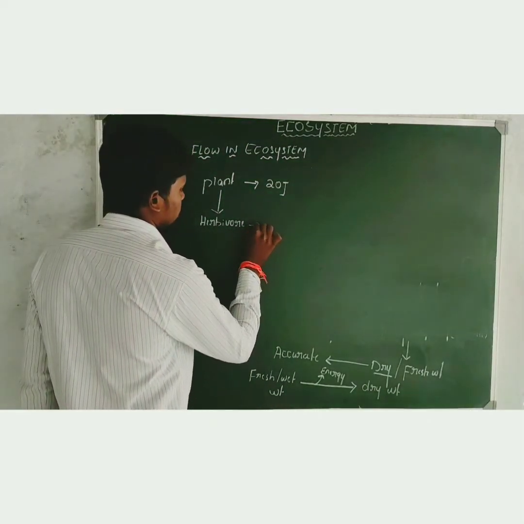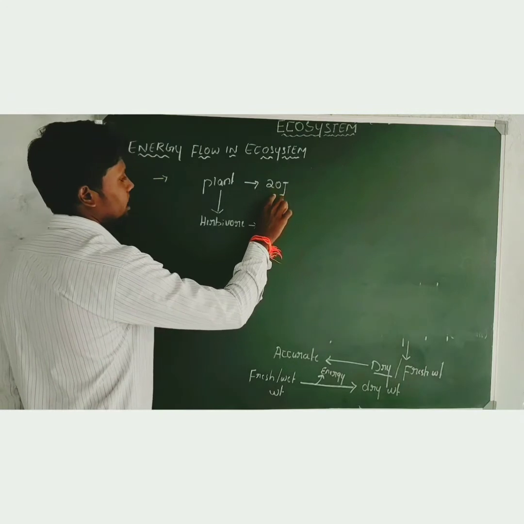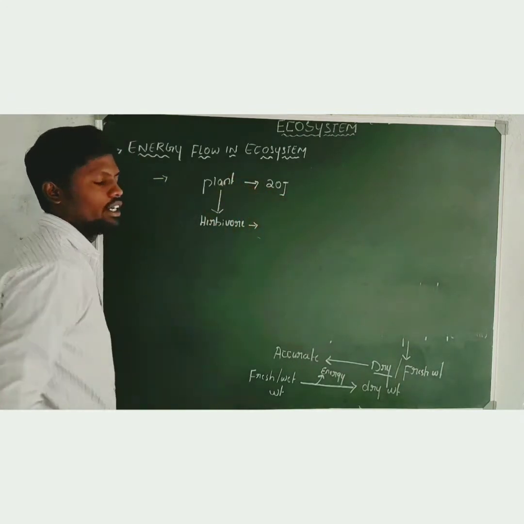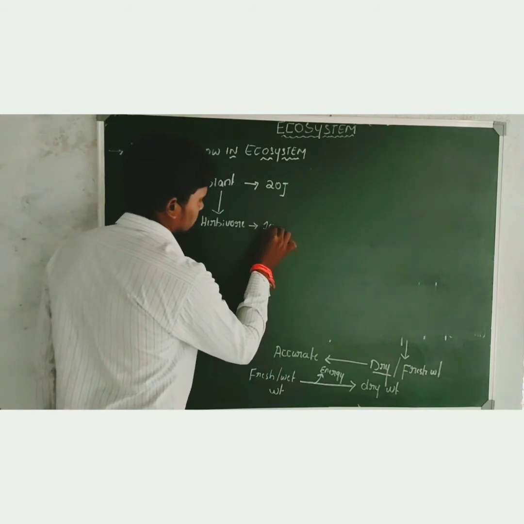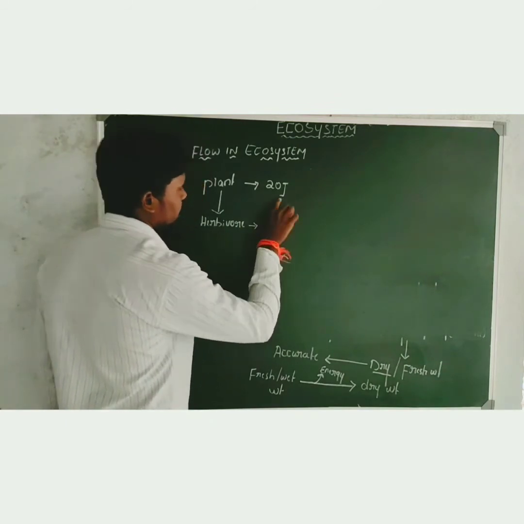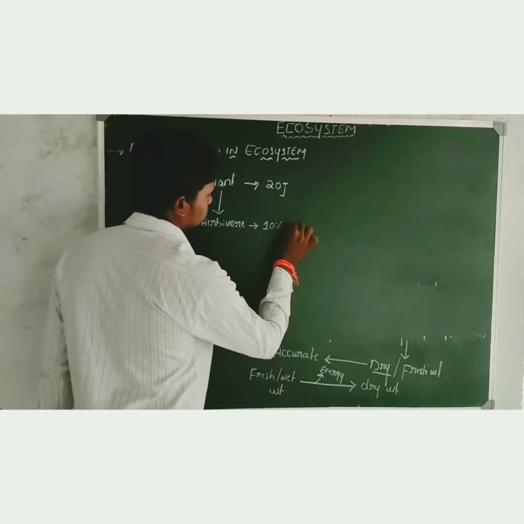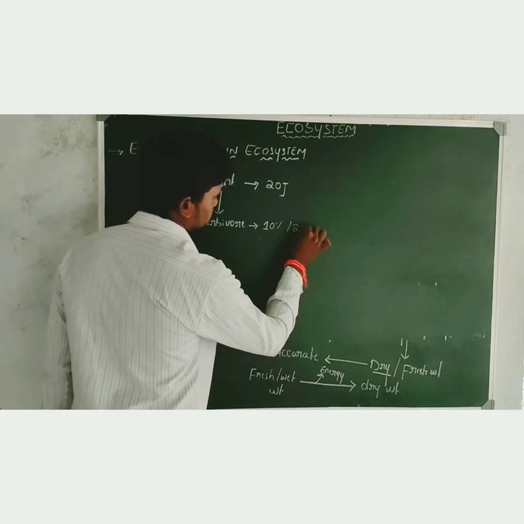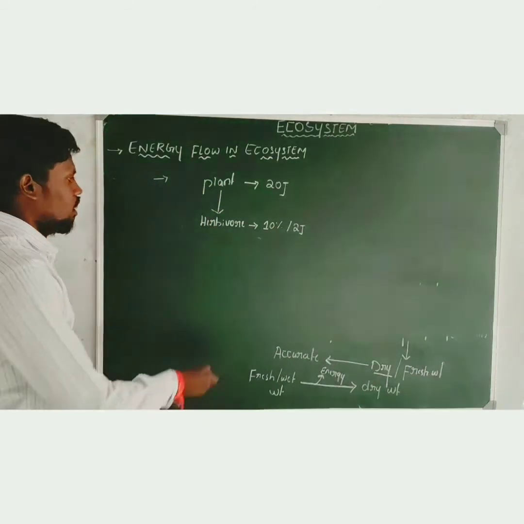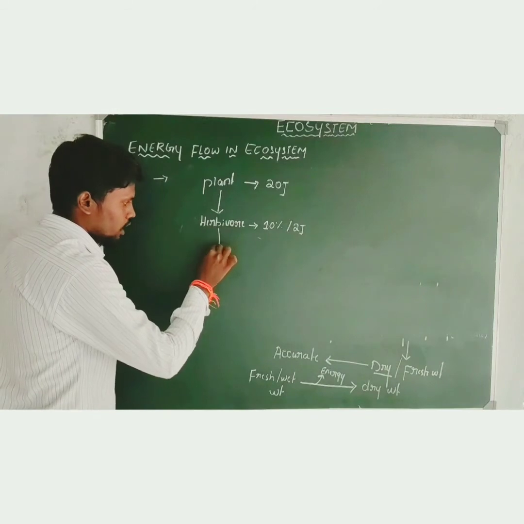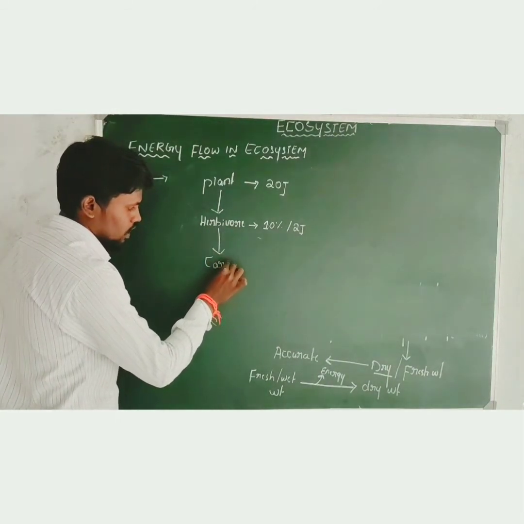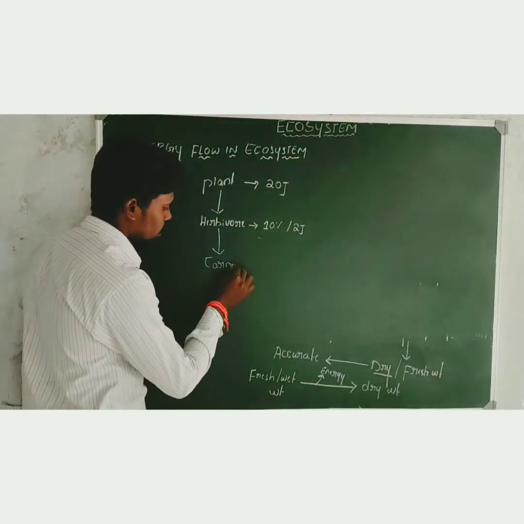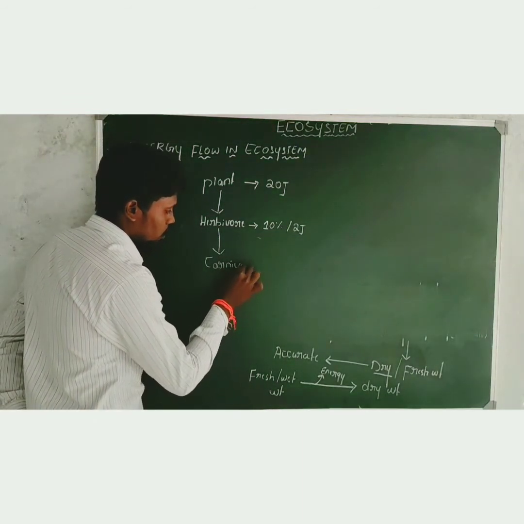This herbivore gets only 10% of that plant energy. 10% means only 2 joules. This herbivore is eaten by a carnivore.